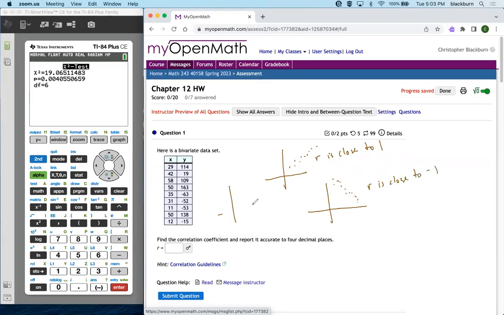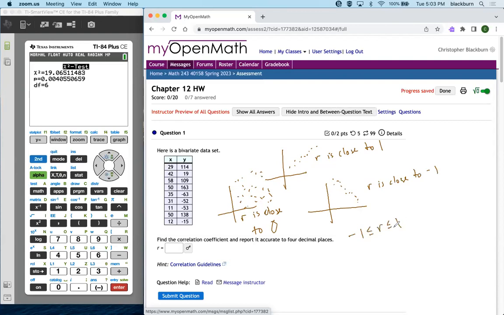And then if you just have data that's all over the place, like you don't have any rhyme or reason behind what the data is, R is close to 0. Okay, so R is always between -1 and +1.